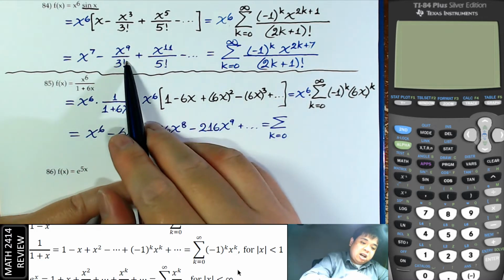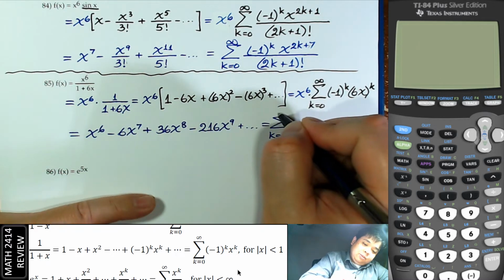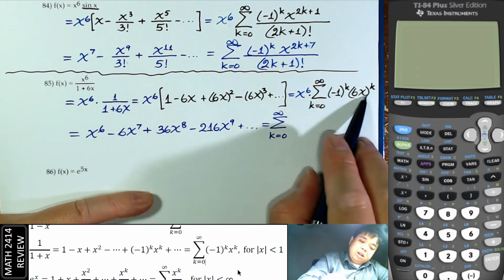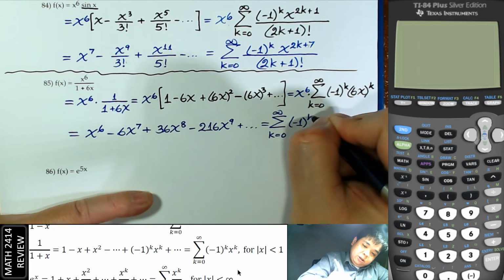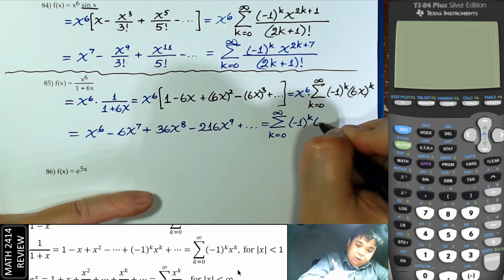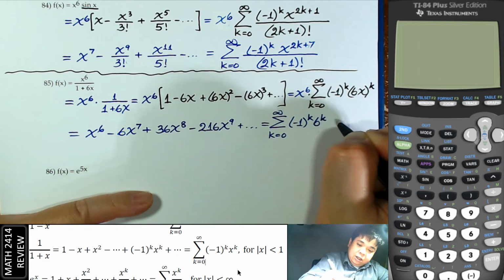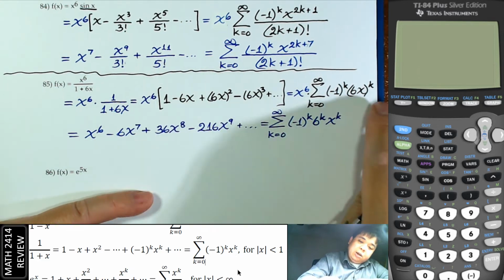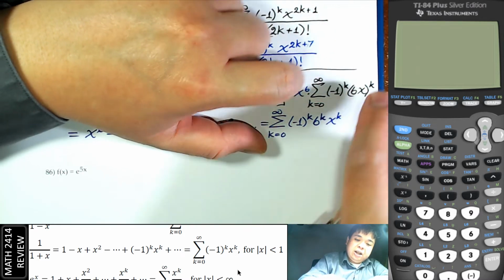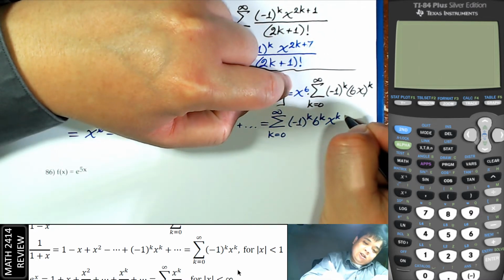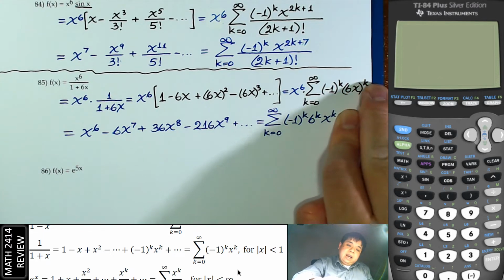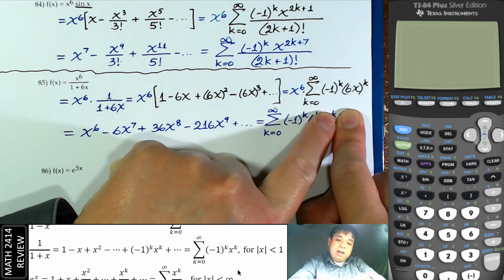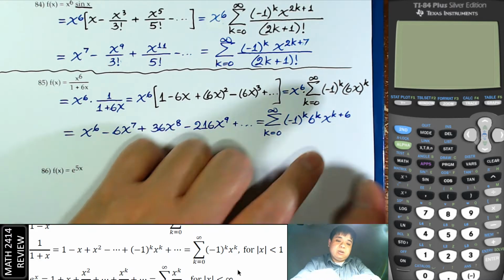So the answer is either that or that. I will split the summation. We have 6 to the k and then x to the k. If we split the 6 to the k and x to the k and then multiply by x to the 6, so plus 6. Right, so 6x to the k here is 6 to the k, x to the k, and x to the k times x to the 6 is x to the k plus 6.